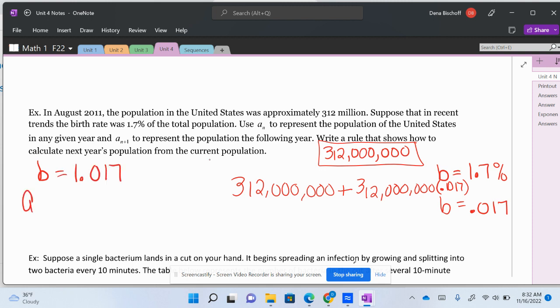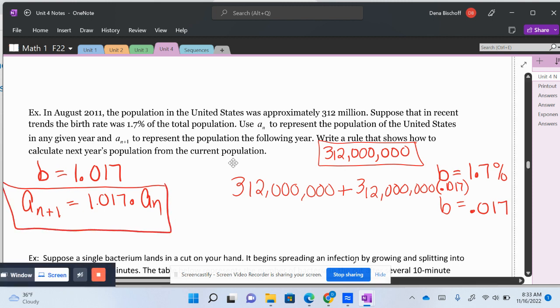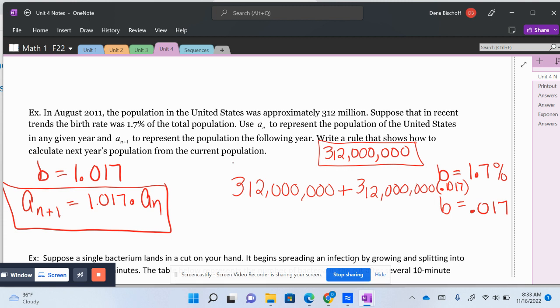So our A to the N plus 1 equals 1.017 times A to the N. And that is your formula. What is the A to the N? Do you remember? Remember, A to the N right now is this number, 312 million.